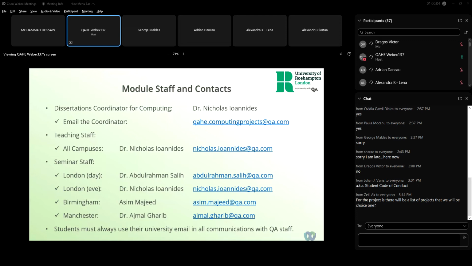So I am saying to you, the intrusion detection system of QA is quite tight. And to put an end to this, I have instructed supervisors not to respond to private emails, even though some of the supervisors don't listen themselves. But please use your Roehampton email address, right?